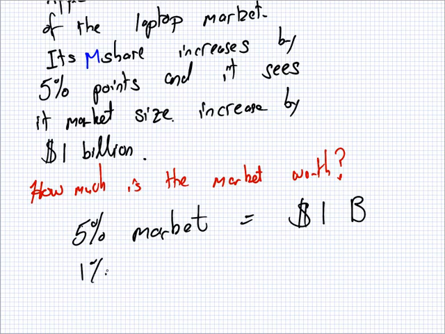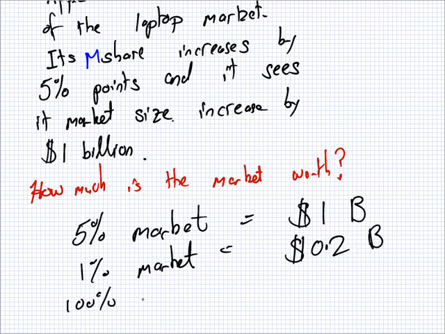So that means 1% of the market is equal to 0.2 billion if you divide by 5. So 100% of the market is equal to 20 billion.